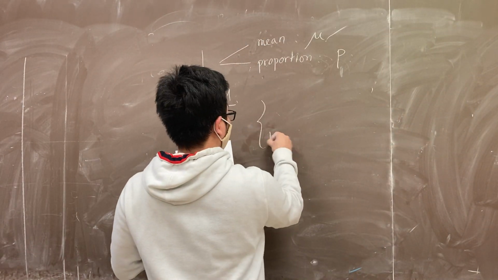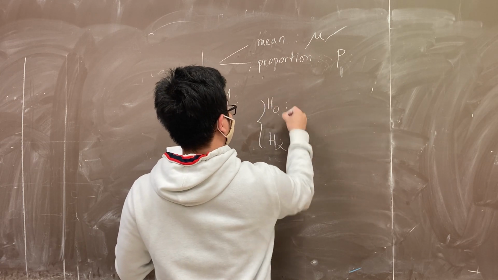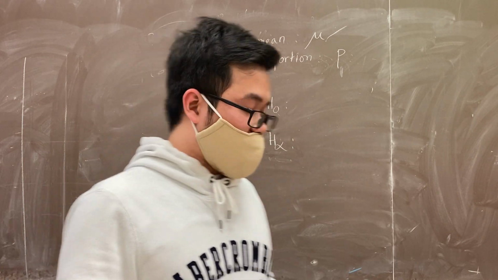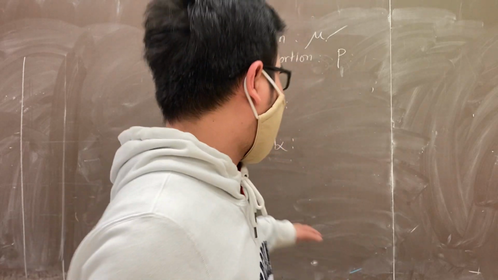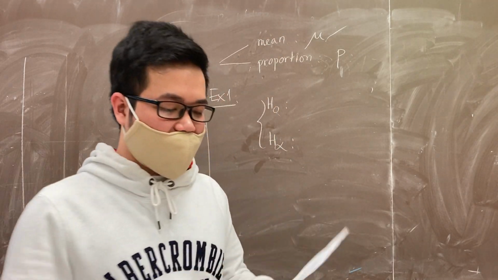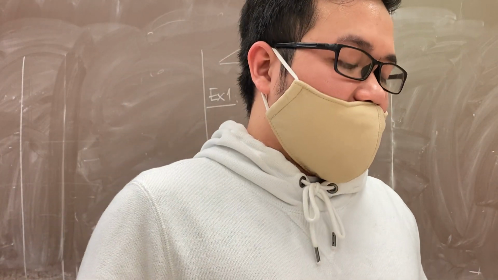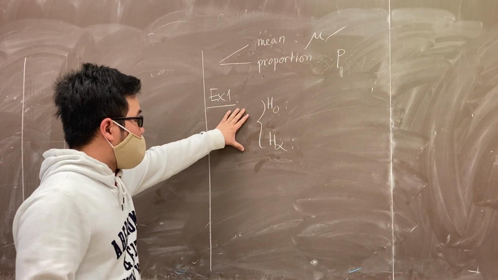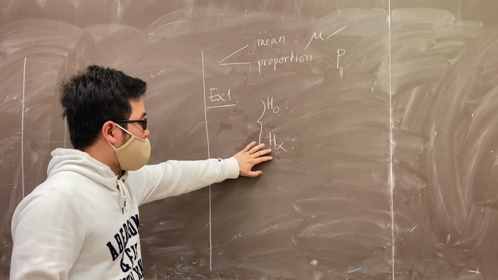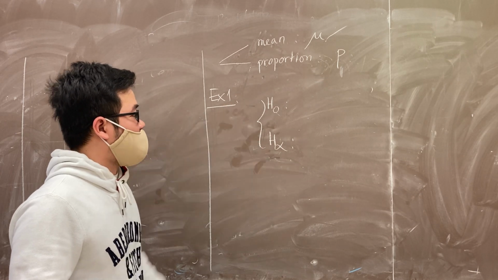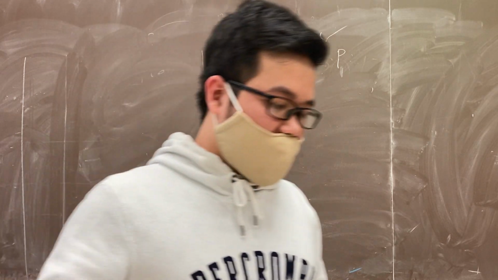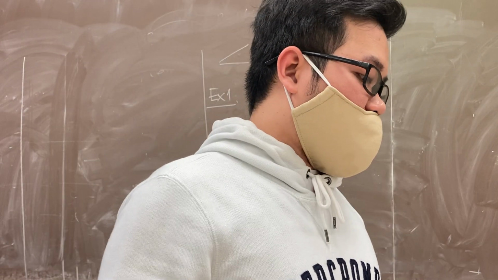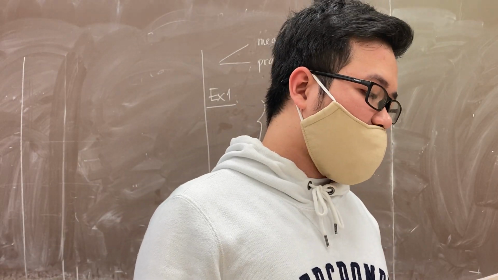So we have two kinds of hypotheses: H0 and H alpha. H alpha is the alternative hypothesis. When we talk about these hypotheses, we will focus on the alternative hypothesis first, and after that we will look at the null hypothesis.